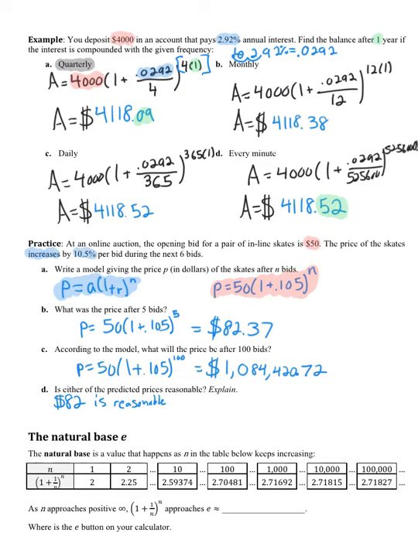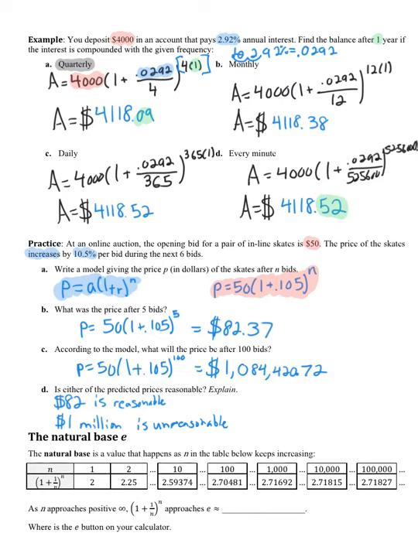You're going from $50 to $82 and it's a bid, so that seems like a reasonable price. Now, $1 million seems very unreasonable to pay for a pair of skates, unless they're Beyonce's or something. But otherwise, I would say completely unreasonable to pay that price for a pair of skates.